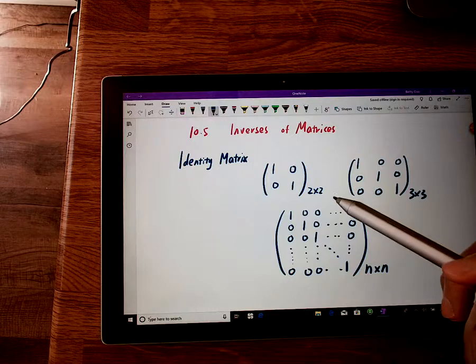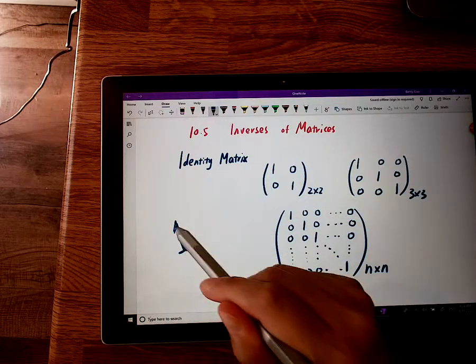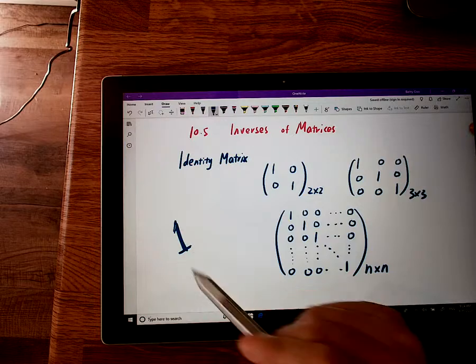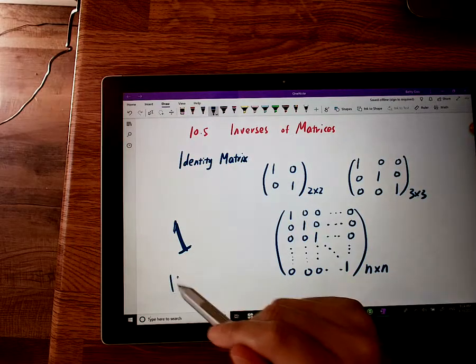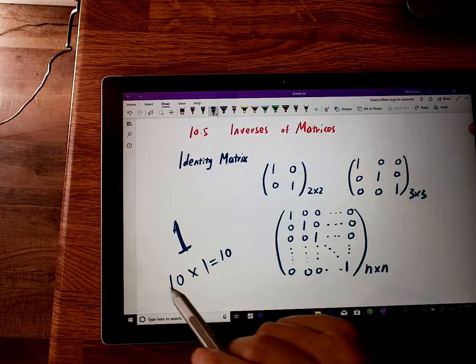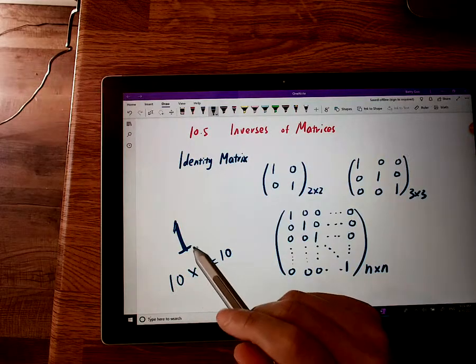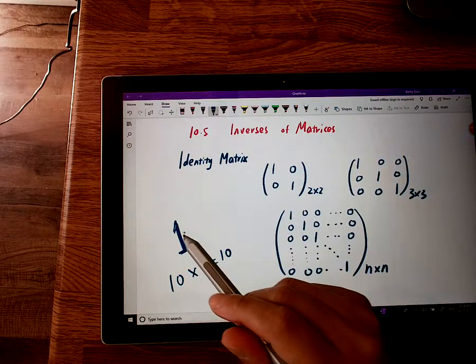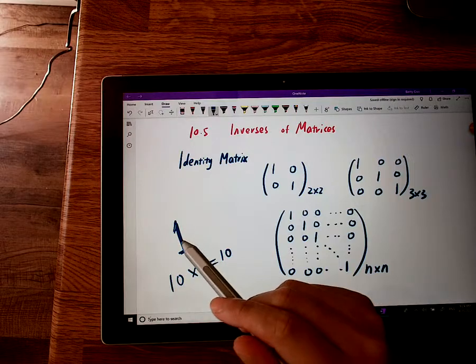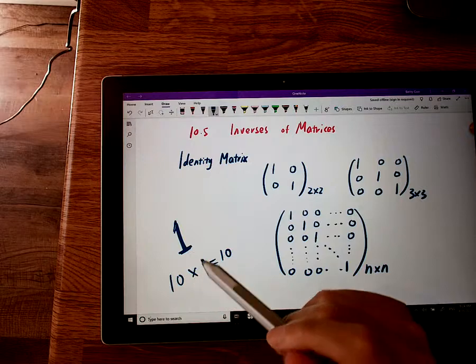Okay, so in the number set, the number 1 is the identity. We can think about any number, let's say 10. Any number multiplied by 1 equals the original number, right? In other words, in multiplication, the identity number 1 doesn't contribute.